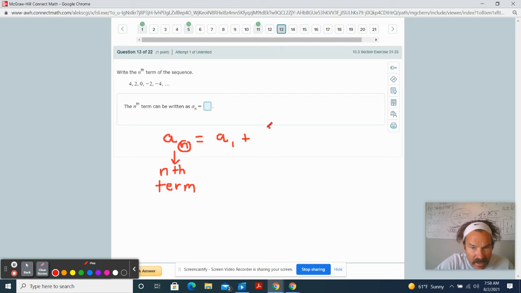Then you add a plus sign, parentheses, n minus 1 times d. So this is your first term, like I talked about before. First term. N is the same as this n.